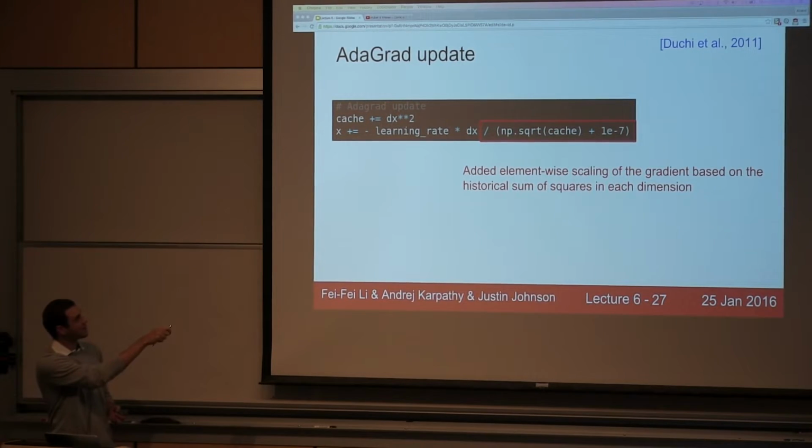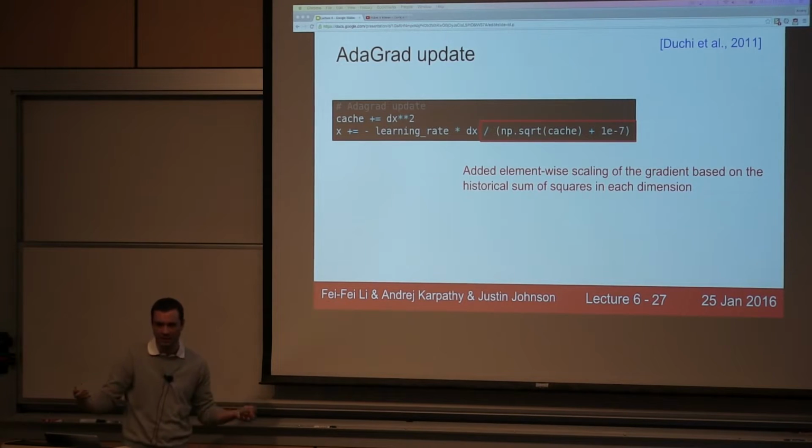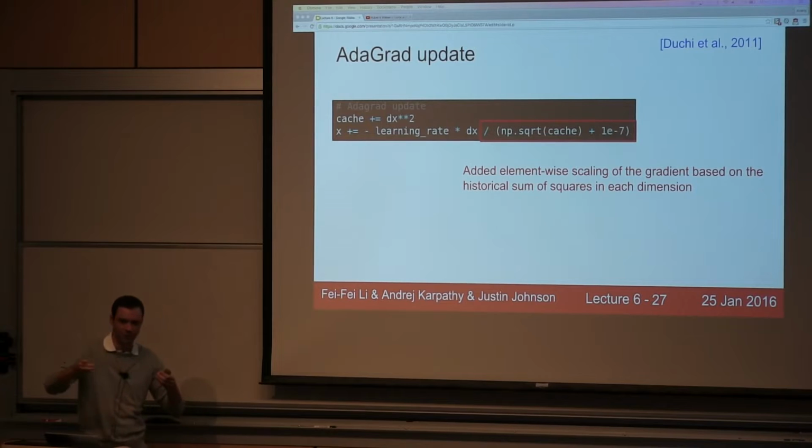And so we keep building up this cache, and then we divide this step element-wise by the square root of cache. That's the reason people call it a per-parameter adaptive learning rate method, because every single dimension of your parameter space now has its own learning rate that is scaled dynamically based on the scale of the gradients you're seeing.